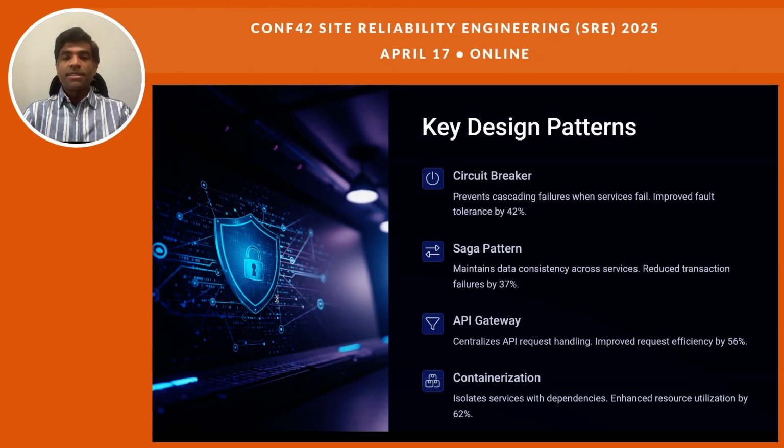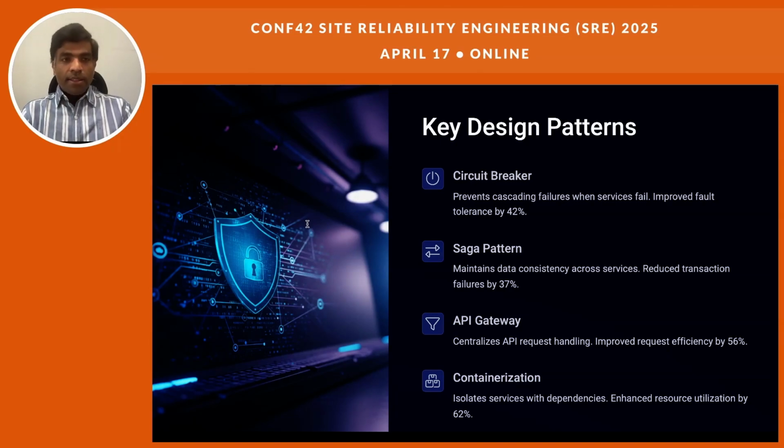When a service is unresponsive or repeatedly returns errors, the circuit breaker trips and redirects requests to fallback logic or error messages. Implementing the circuit breaker pattern can improve overall fault tolerance by up to 42%, which helps to maintain system stability even under tremendous strain or partial outages in the system.